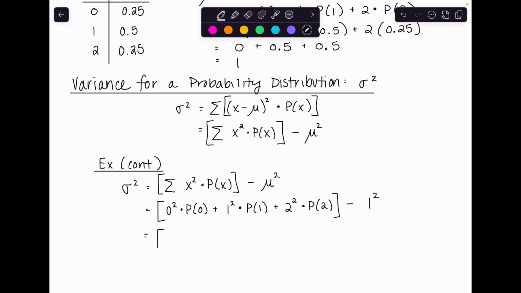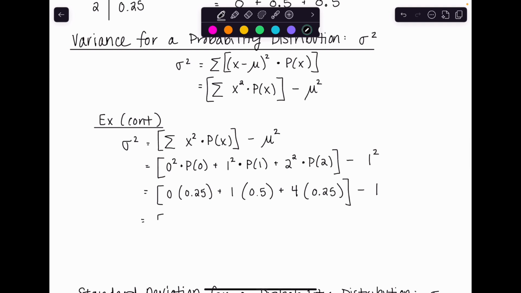So filling in what each of these are, 0 squared is 0, probability of 0 is 0.25, 1 squared is 1, probability of 1 is 0.5, 2 squared is 4, probability of having 2 females is 0.25. And then 1 squared is just 1.